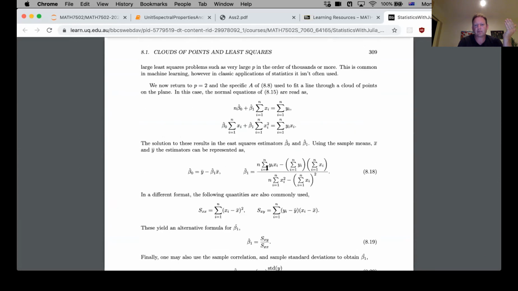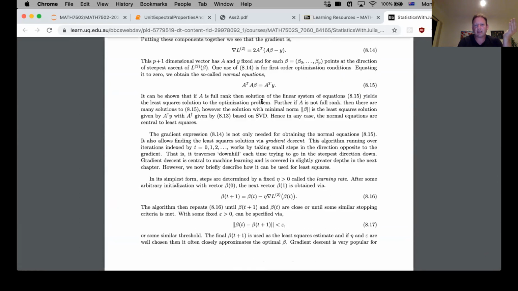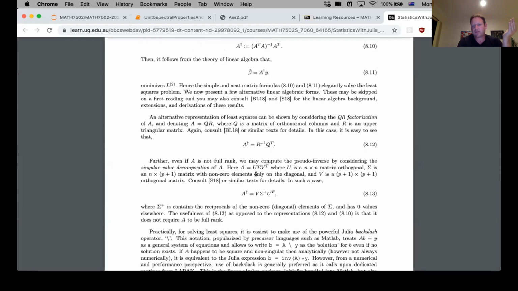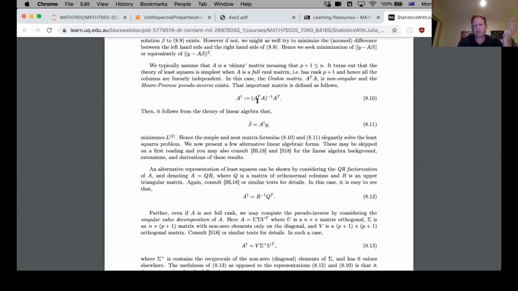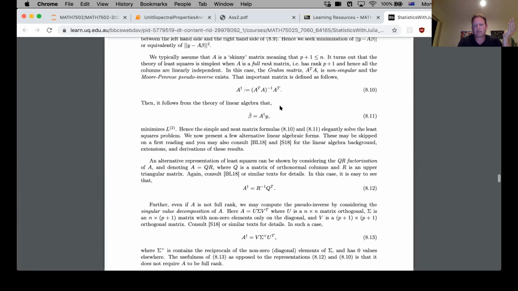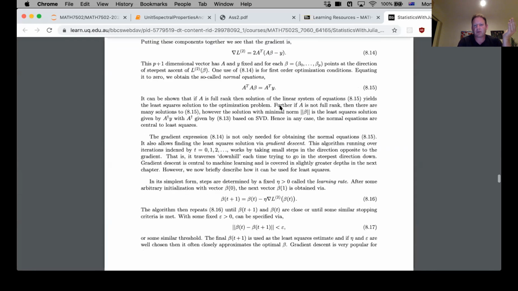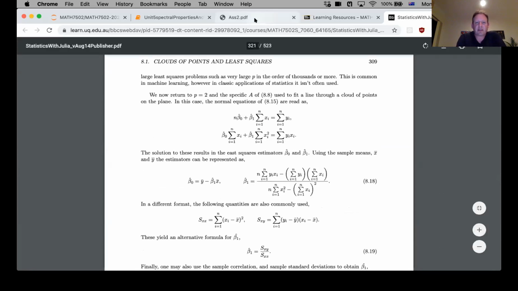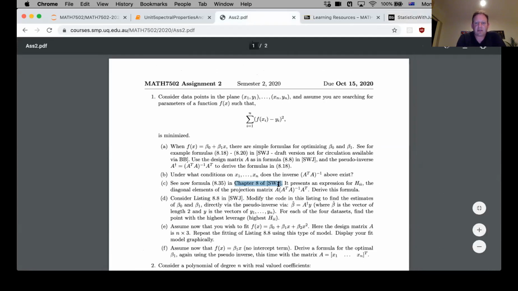You'll see the pseudo inverse and these types of things. So you have access to this book, because the homework assignment, for example, deals with these slightly anachronistic formulas. So you'll see that here, right? In chapter 8.